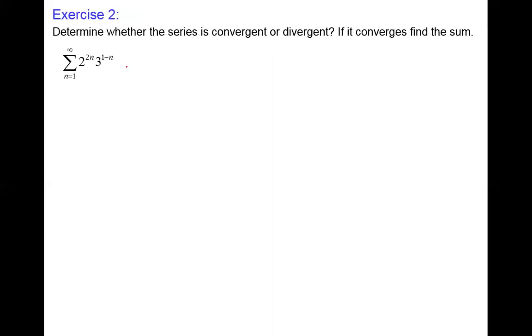First of all, I can change it a little bit. If the sum starts from n equals 1, and I see 2 to the power of 2n, which is 4 to the power of n, and 3 to the power of negative n. I'm not going to change it completely, but I will rewrite it a little bit.